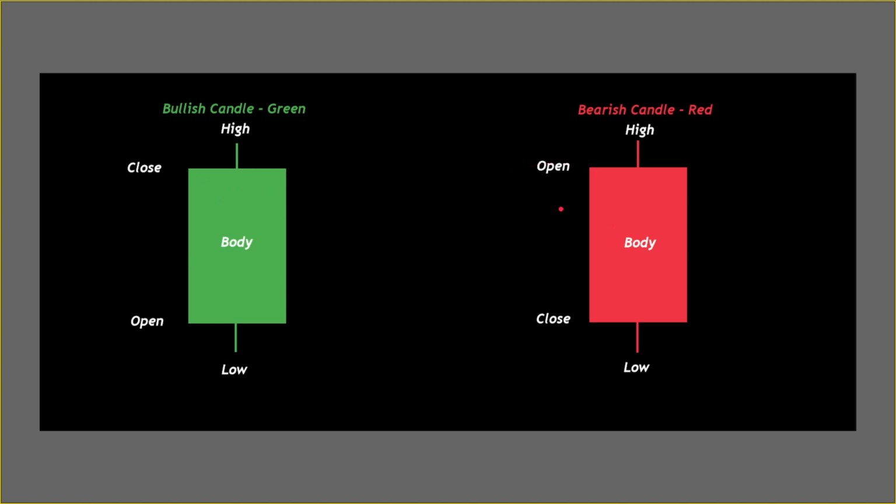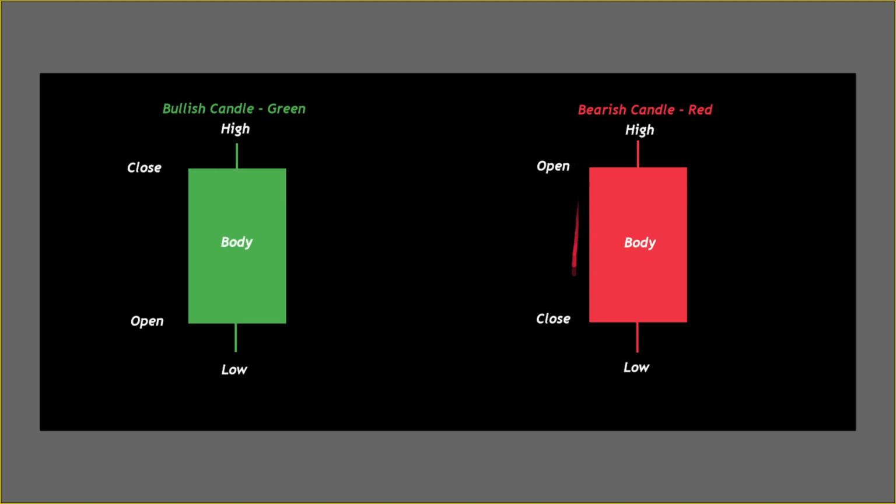And we see that in reverse on the bearish candle, where the opening price is the top part of the body and the closing price is the bottom part of the body. This represents that price went down and actually closed lower than what it opened, right? If price opened at 44K each Bitcoin and then it closed at 43K each Bitcoin, it would be a red candle.